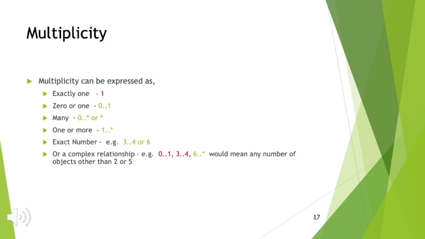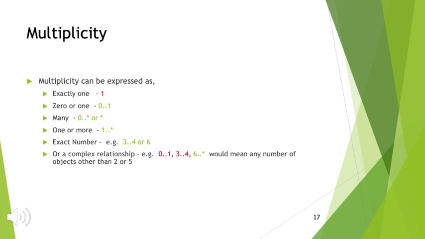So multiplicity can be expressed as a number. If the relationship means exactly 1, you write number 1. If 0 to 1, 0..1. If 0 to many, it shows a many relationship. 1 or more, you write 1..*.